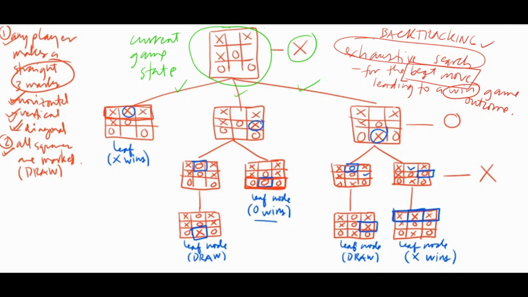And before you can choose, you need to do exhaustive search in the game tree. So what players normally would do is, before they decide what best legal move to make, they spend sufficient time to think about all the legal moves available to them.